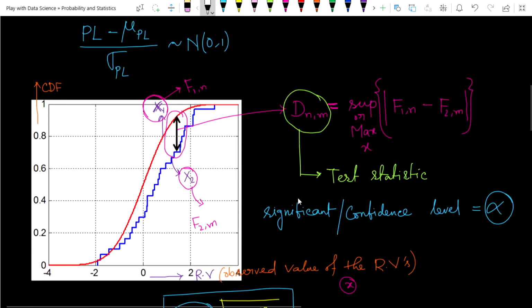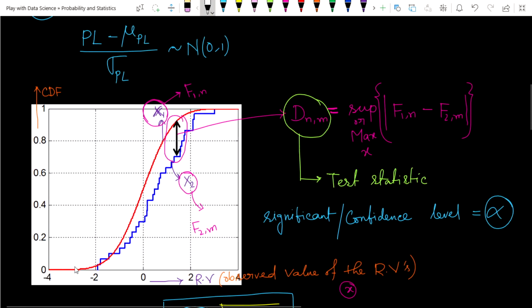In general, the rule of thumb is that when you take larger samples, the value Dnm tends to 0.